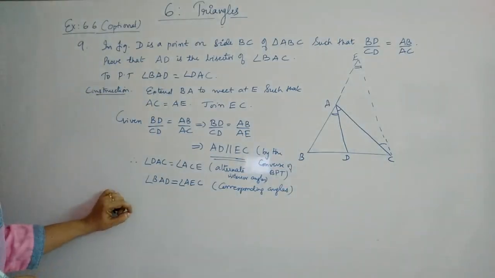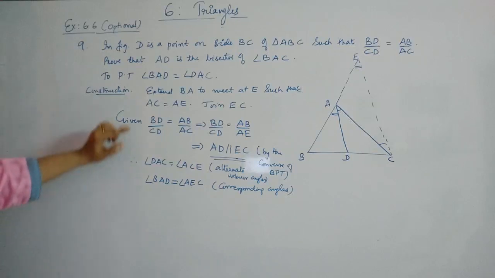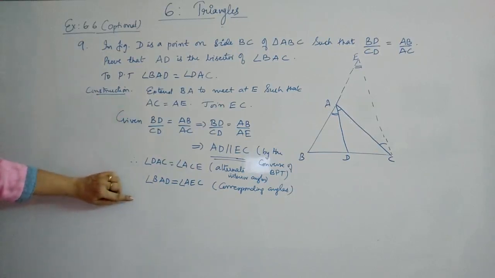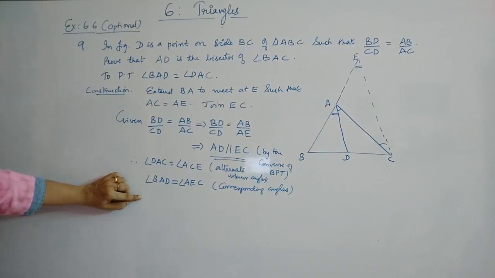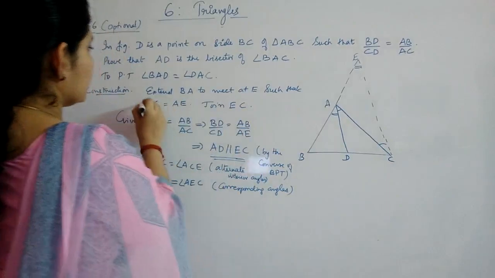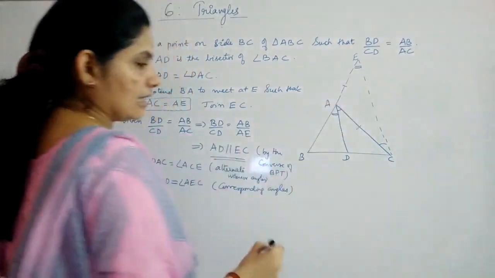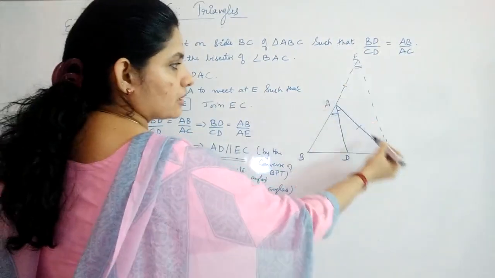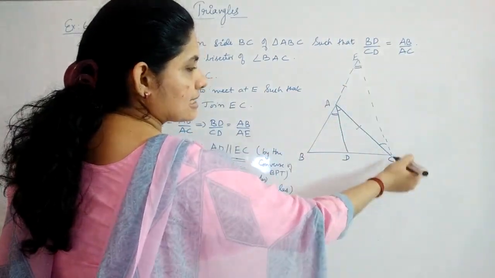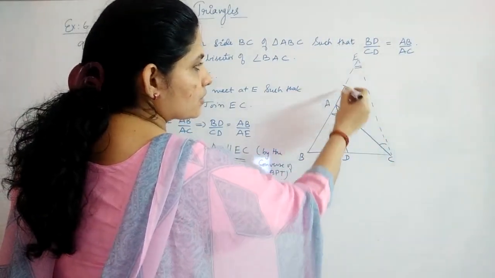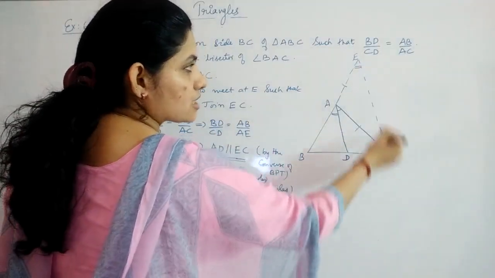One more thing which we will get is, from these two equations, ACE is equal to AEC. How? Because we have taken in the construction AC is equal to AE. So for this triangle ACE, you will get this side equal to this side, means their opposite angles will be equal.